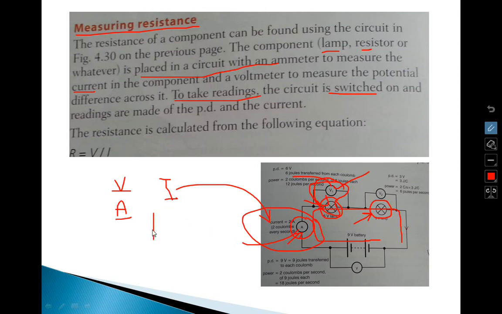So R is easy to find. R is equal to V over I. By using a voltmeter and ammeter in this practical, we can measure resistance inside the circuit itself.